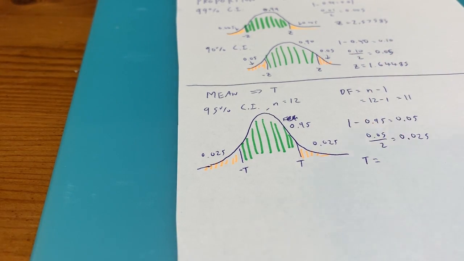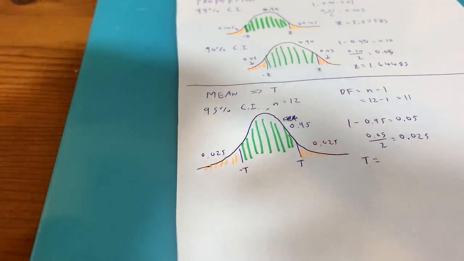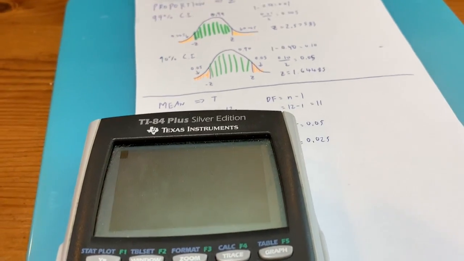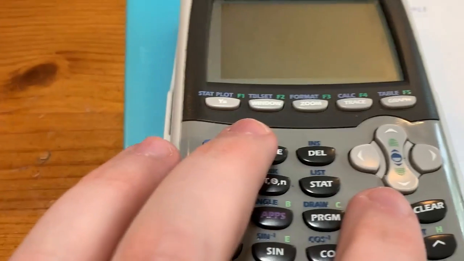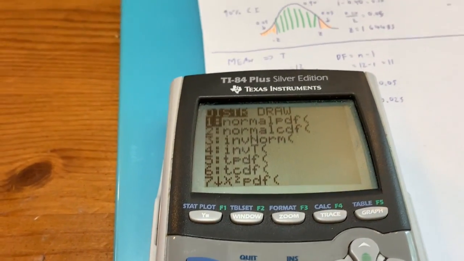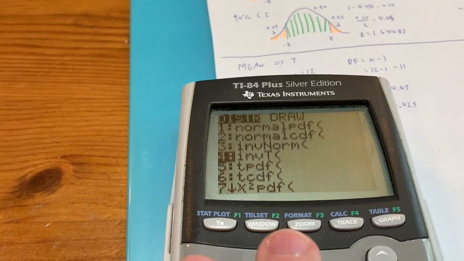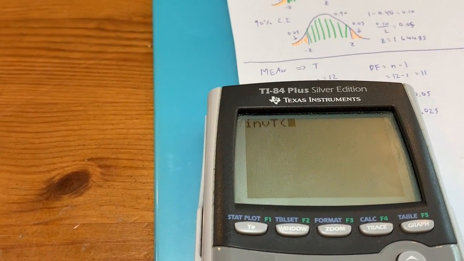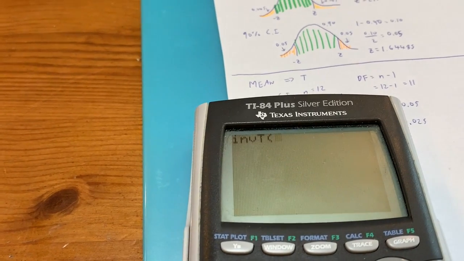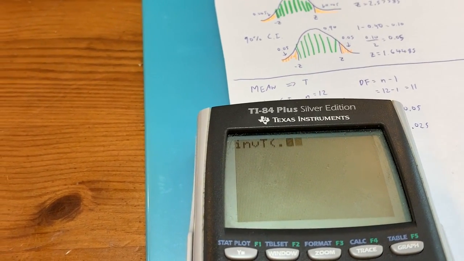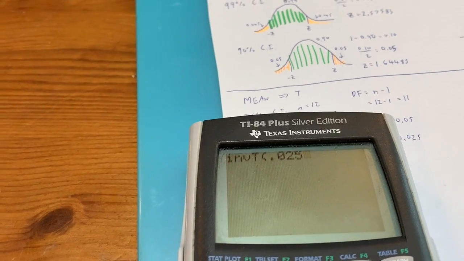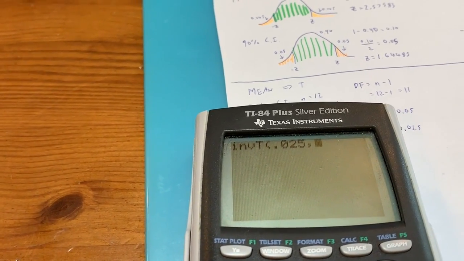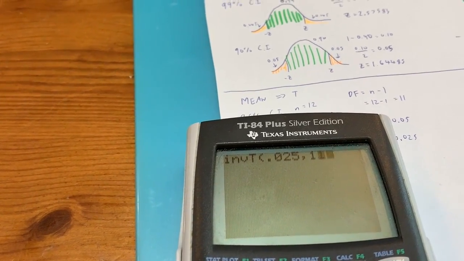Okay, here's how we do that. So going to the calculator, we go to second vars again, and this time we want to go to the fourth option, which is inverse t. And the inputs to use here are the probability of interest, which is 0.025, we just derived that, comma, and then the degrees of freedom, which here is going to be equal to 11.